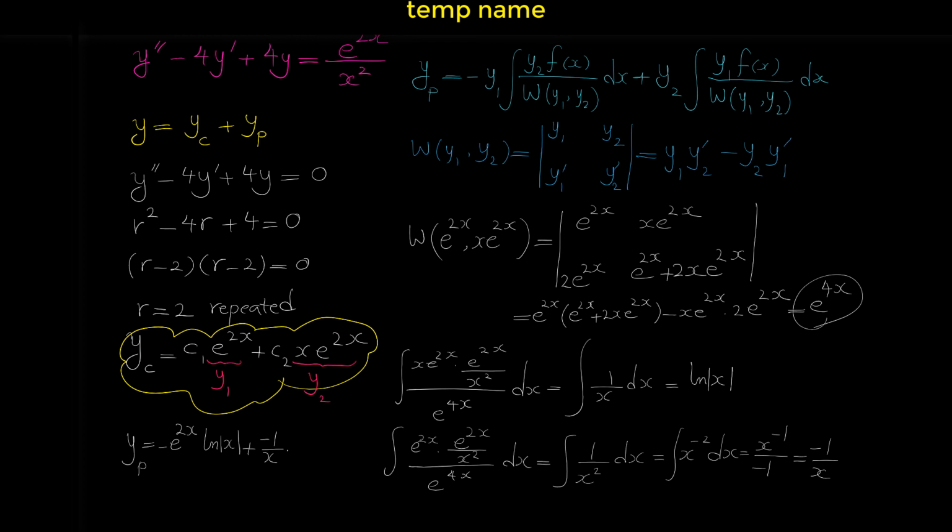Oh sorry, this is the integral, not y2. y2 is this expression, x e to the 2x, times negative 1 over x. This integral is negative 1 over x, y2 times negative 1 over x.